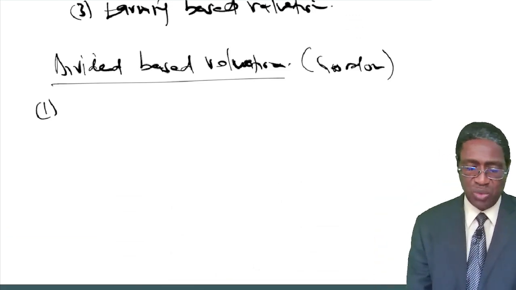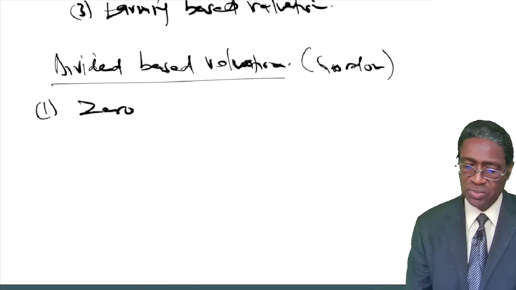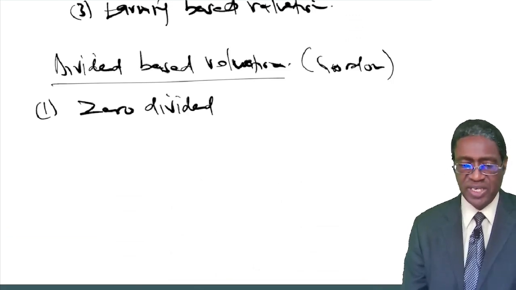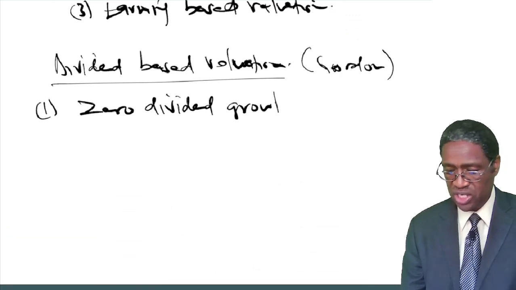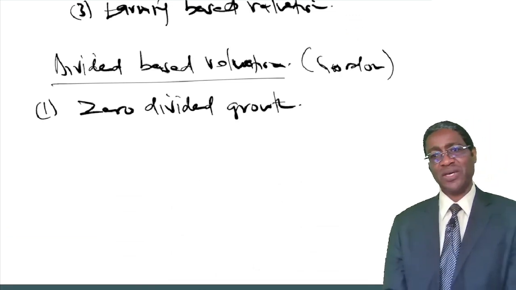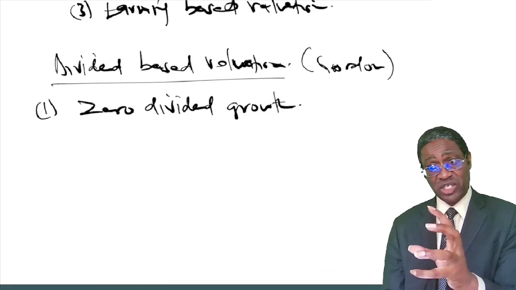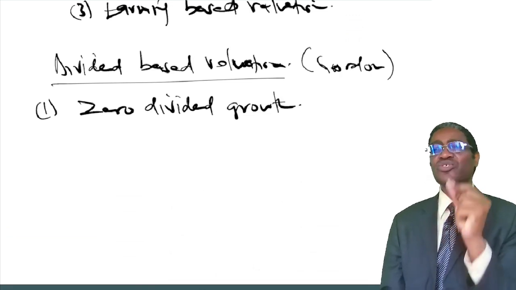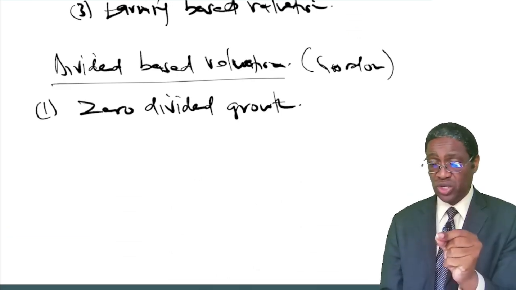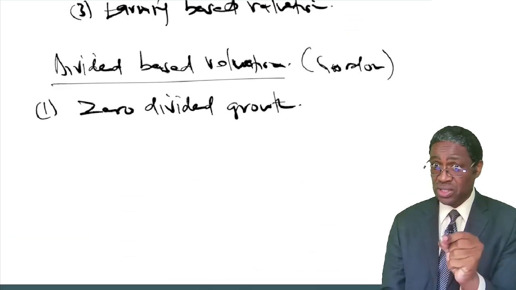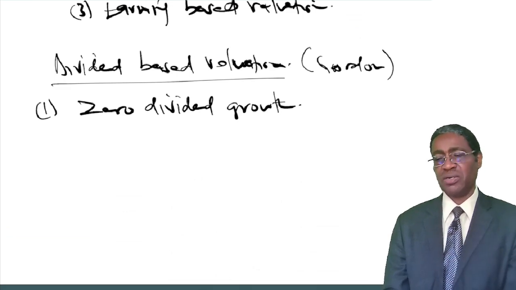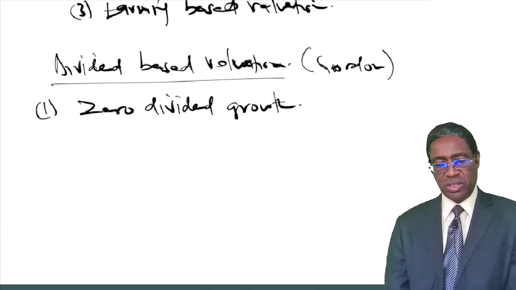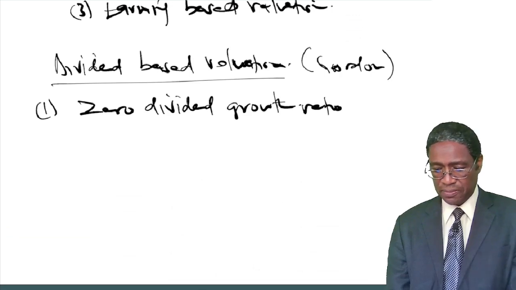One is where we have zero dividend growth. In other words, let me explain, where the dividend of the company does not grow at all. We call it the zero dividend growth rate method.